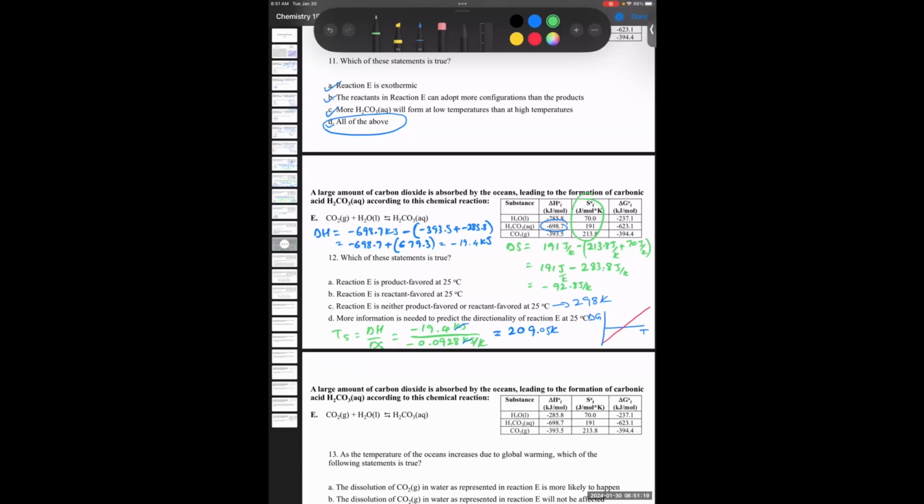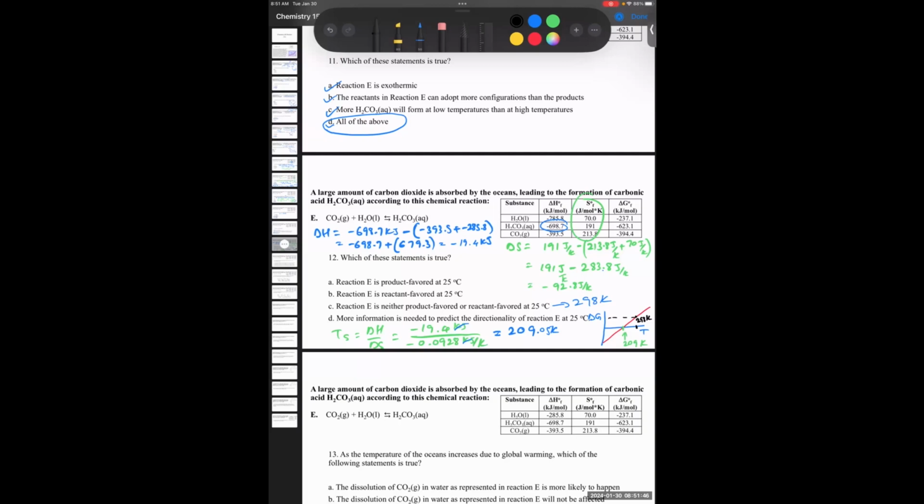This temperature over here is 209 Kelvin, and 298 Kelvin, which is given in the question, is over here. At 298 Kelvin, the value of delta G is this much, which is a positive value.